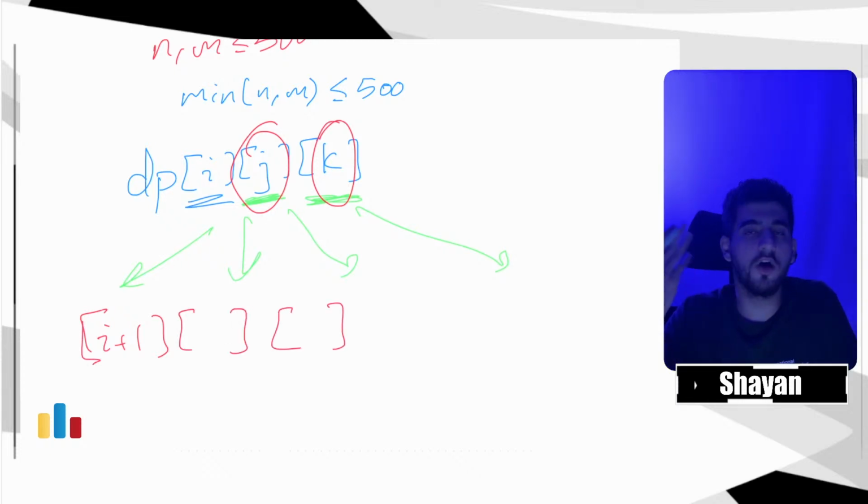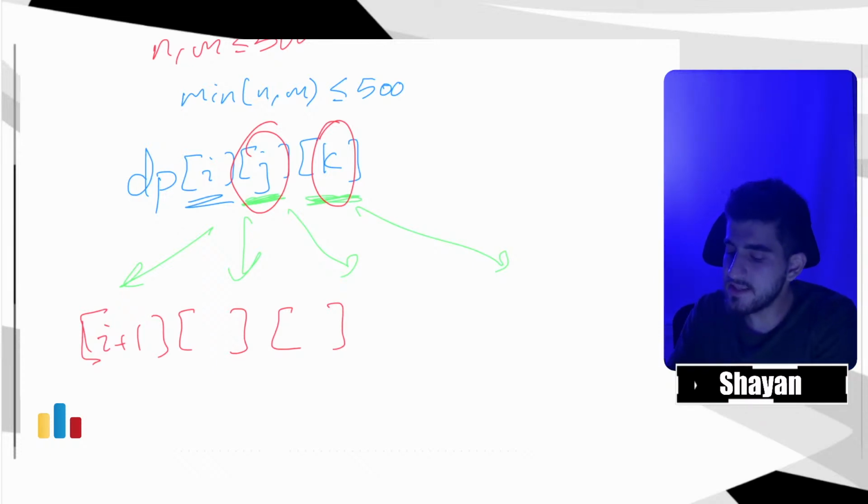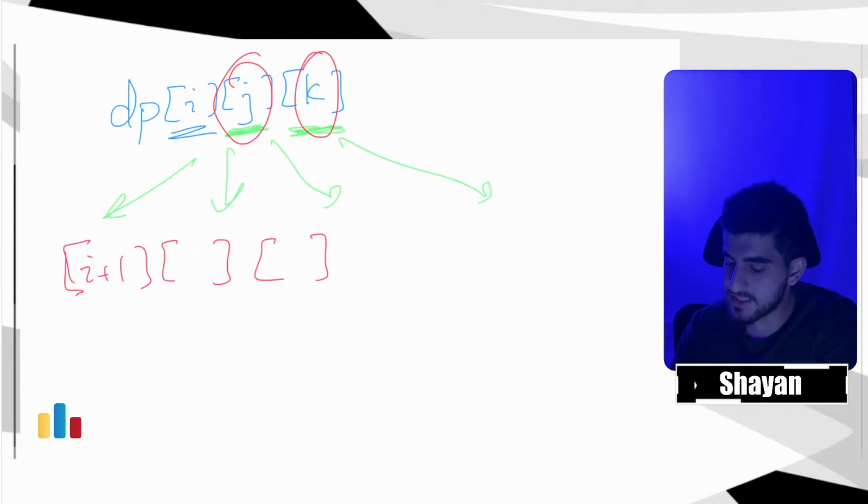And we need to update all of them, but only if that new dp state has matching characters, I mean, the characters are the same in those cells. At the end, when these 2 cells reach the same diagonal or reach 2 adjacent diagonals, we can add to our answer.